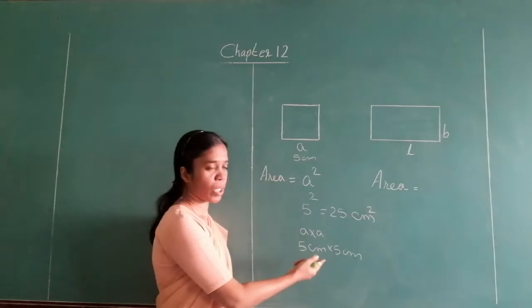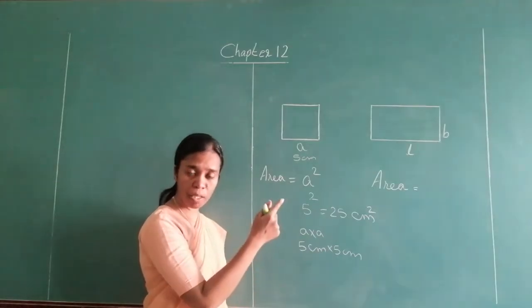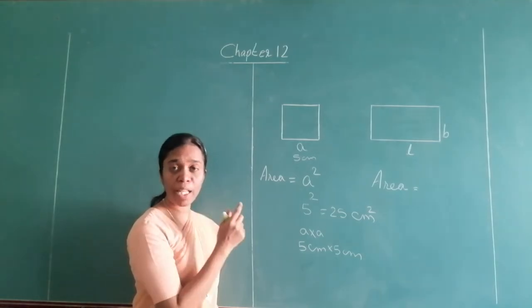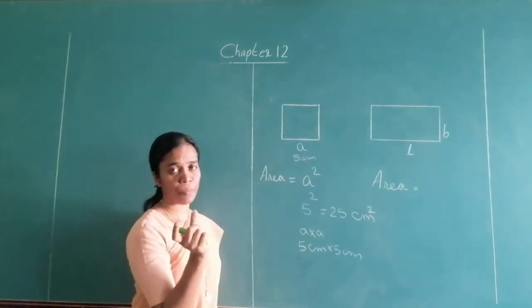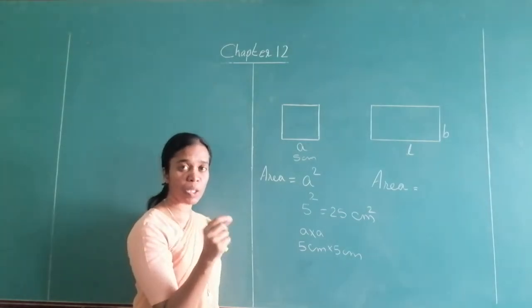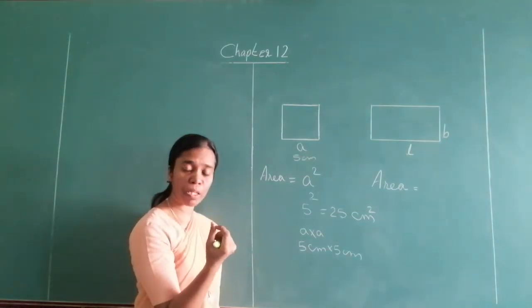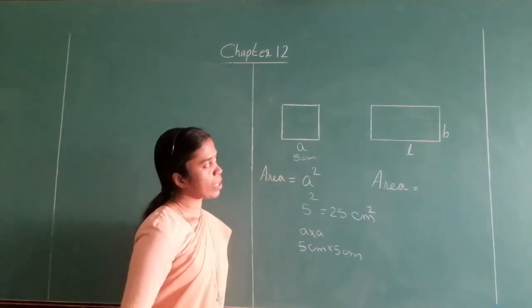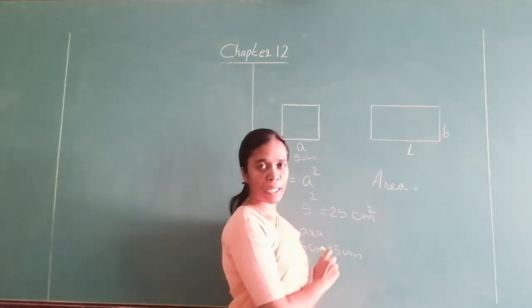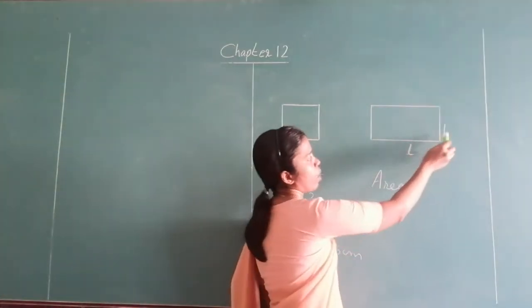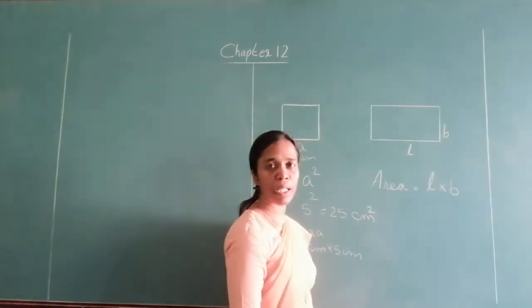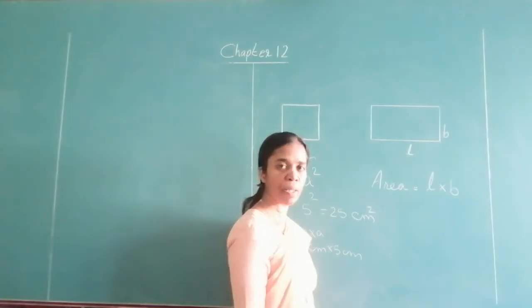So when it is mentioned as square centimeter or square meter, then you should know that they are referring to area. Now, what is the area of a rectangle? Area of the rectangle is L into B, that is length into breadth.